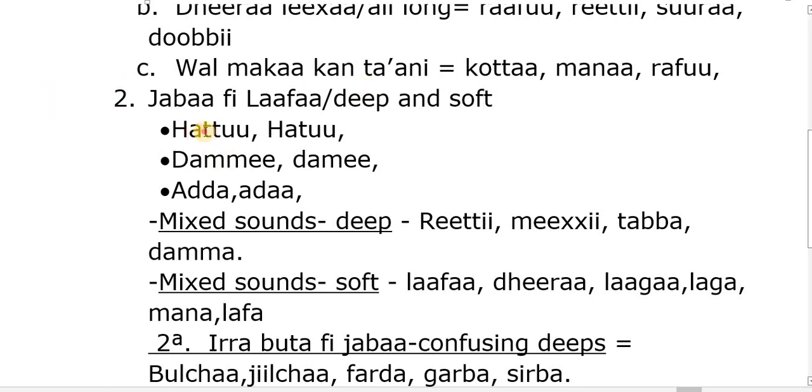So, as you can see, the first T is deep and strong. Both are Oromo words. They actually relate in meaning. This means thief. This means stealing.